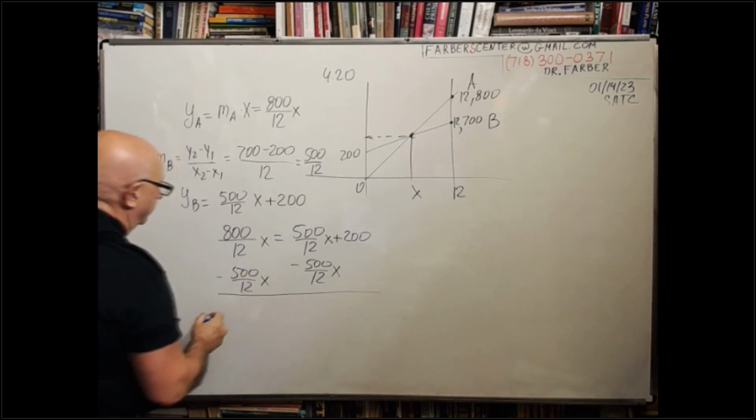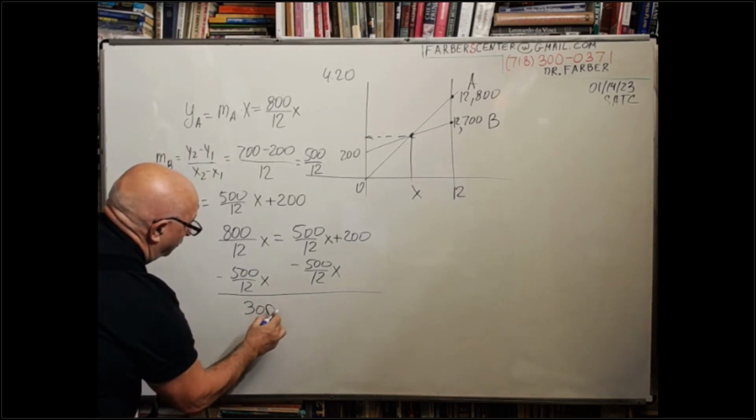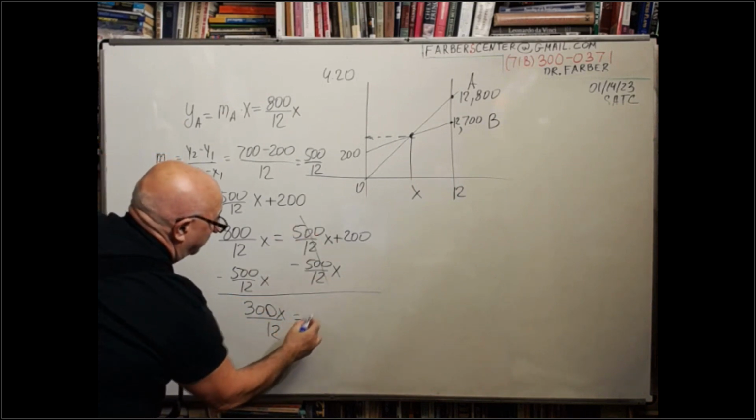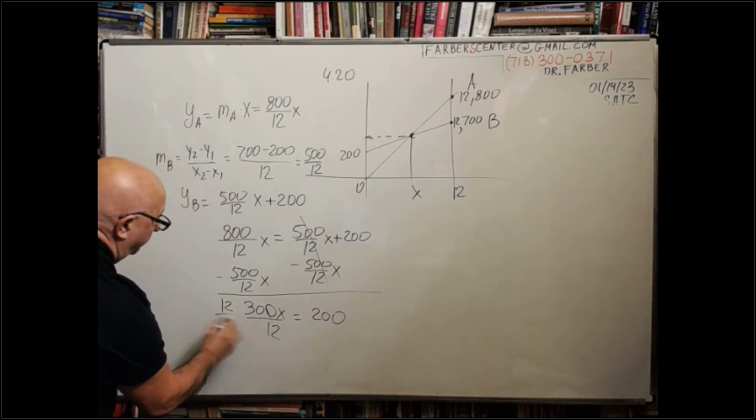So we have 300x over 12 equals 200. So multiply both parts by 12 over 300.